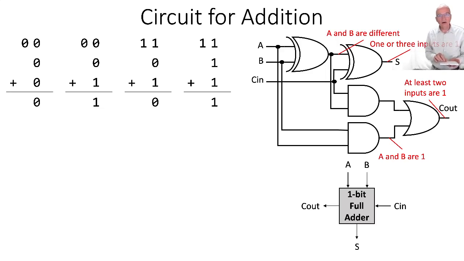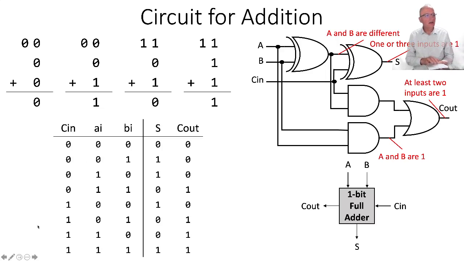The other way that I can look at this circuit is to look at all the possible combinations between the carry in, A and B, and do the truth table here showing what the result is supposed to be. Looking at the truth table, I can tell when the value of the sum should be 1 and when the value of the carry out should be 1. So this is what that box implemented.